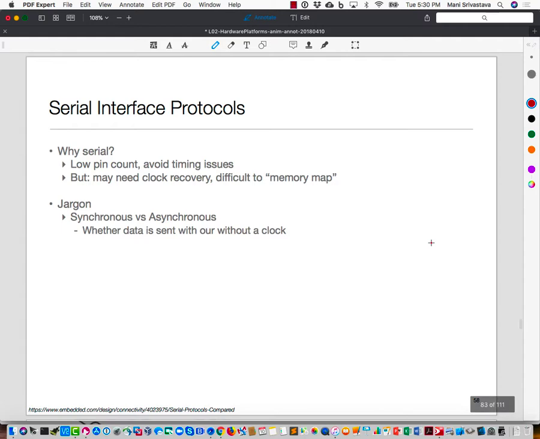Okay. So full duplex. Yeah. These clock signals aren't actually exactly square. You mean 50% duty cycle?